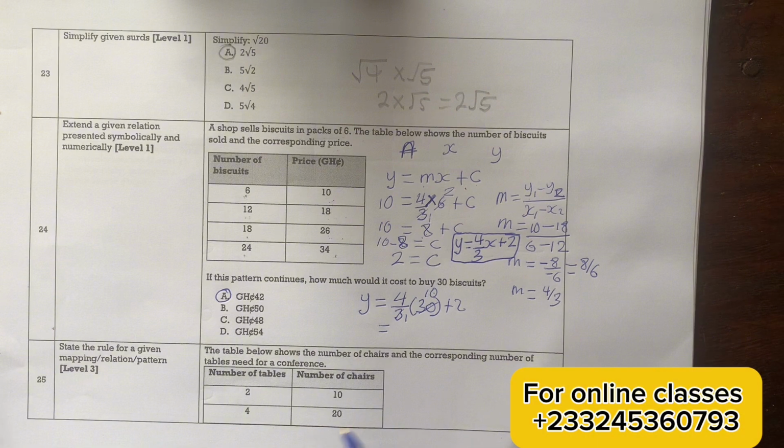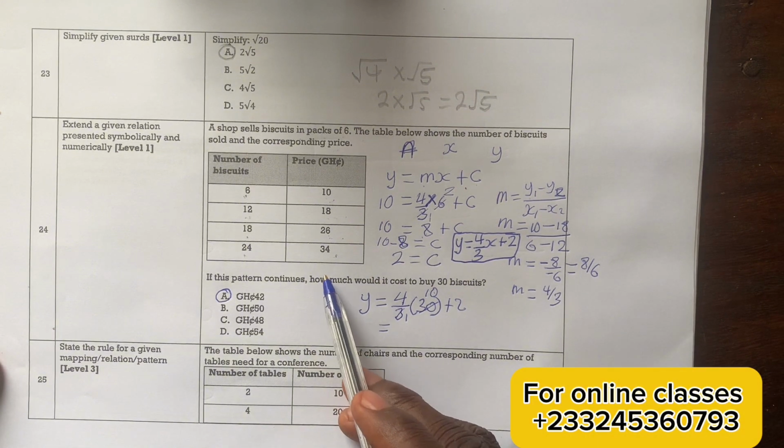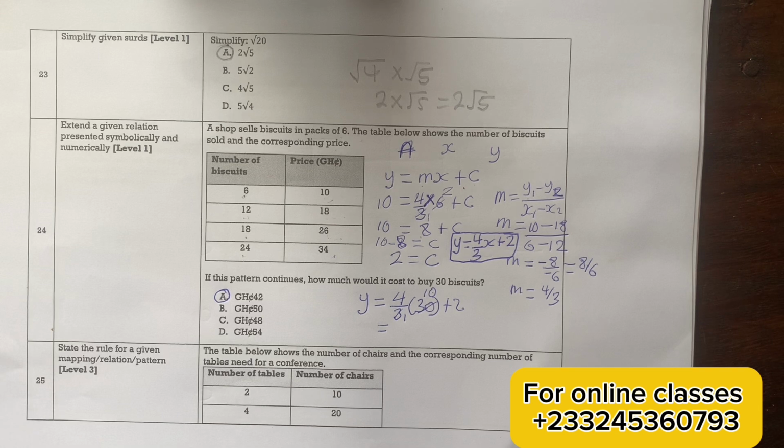Now, what if the price is 50 cedis? How many biscuits can I buy?